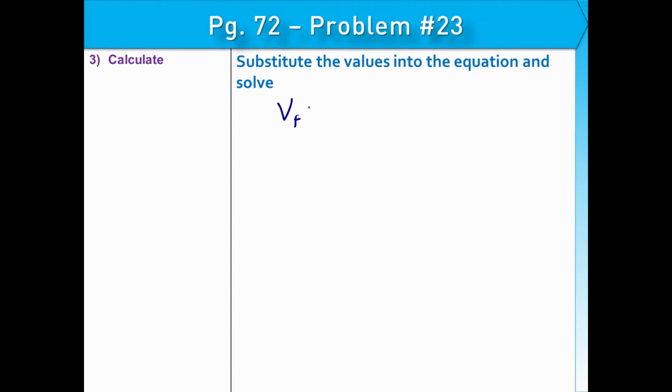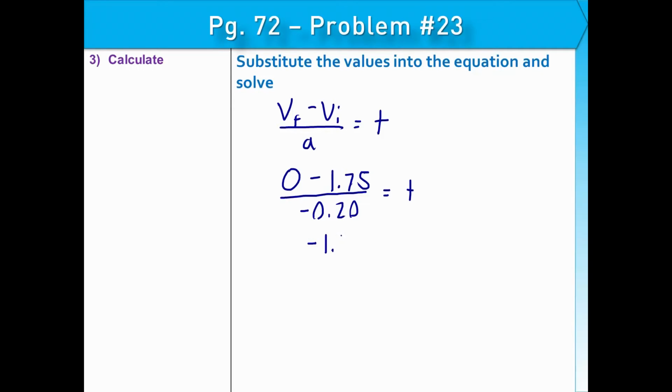Now with my equation, final velocity minus initial velocity all over acceleration equals time, I'll plug the values in and solve. Final velocity is 0, initial velocity is 1.75, divided by acceleration, which is negative 0.20, all equal to time. Luckily, 0 minus 1.75 just gives you negative 1.75.